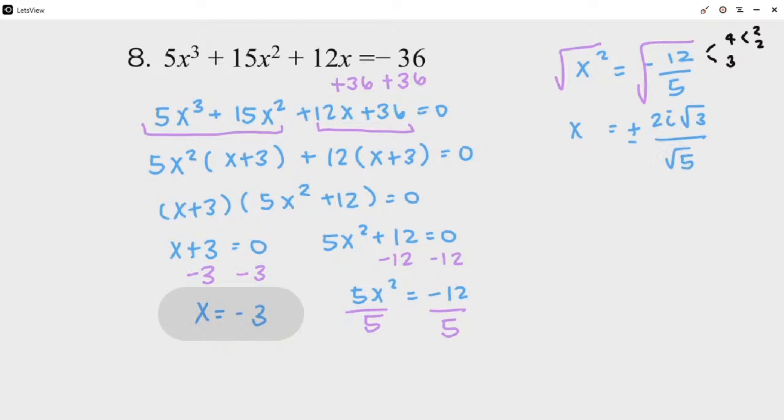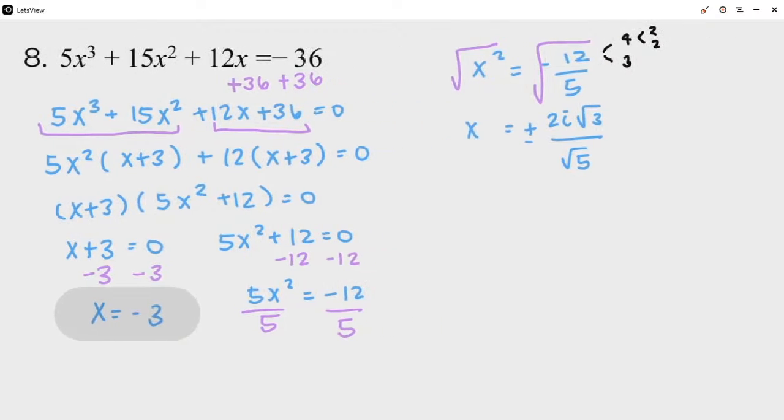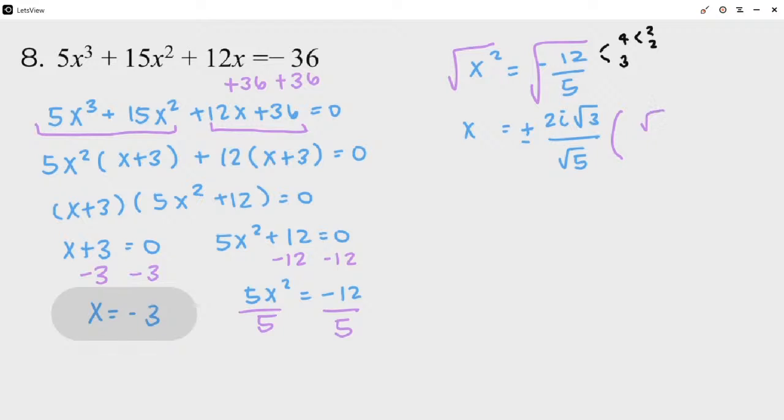And in the last chapter, we learned that we can't have radicals in the denominator, so we're going to multiply by the conjugate, which is going to be rad 5 over rad 5. So then x will equal plus minus 2i rad 15 over 5. So these would be the other 2 answers.